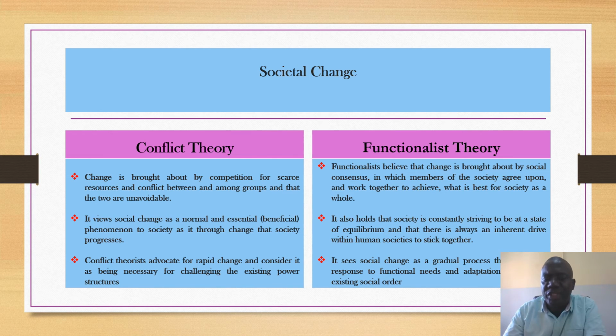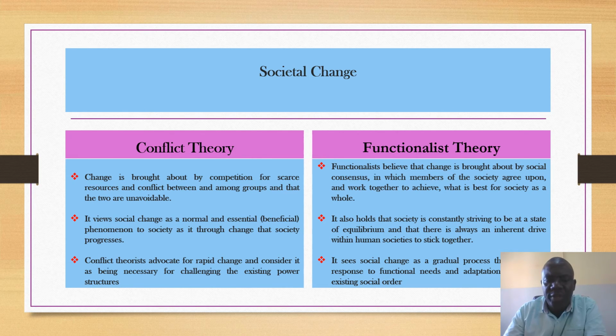That is a discussion, understanding, people sitting together, discussing what is happening, and then agreeing on what is good for society. That is not the position of conflict theory. So while both theories agree that there is need for society to change, but they differ in terms of the type of change and in terms of what causes change.